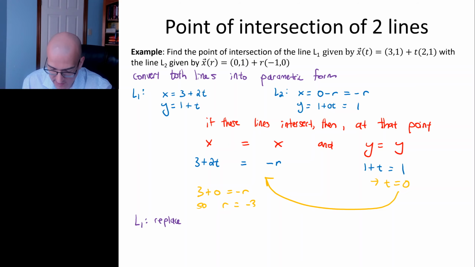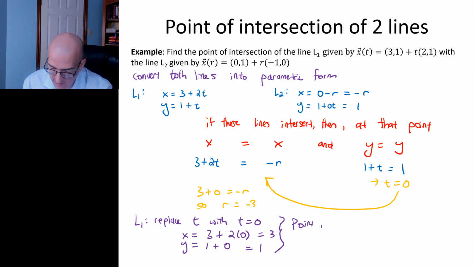Replace t with 0. X is equal to 3 plus 2 times 0, which is 3. Y is equal to 1 plus 0, which is 1. So our point is (3, 1). That's our answer.